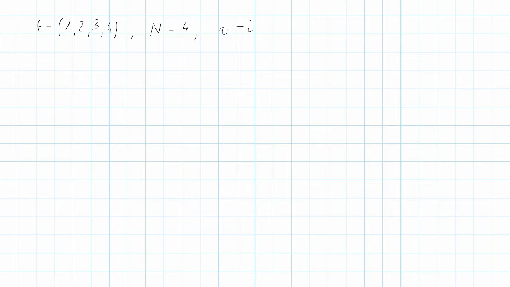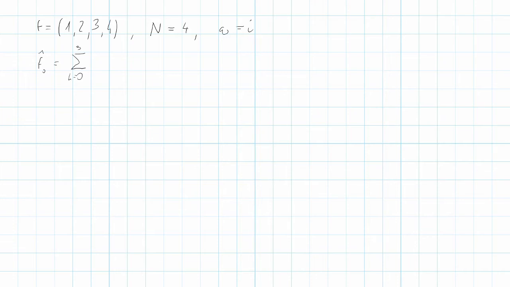So let me compute now the discrete Fourier transform of this. It will be a sequence consisting again of 4 elements, such that f0 hat is a sum from k equals 0 up to n minus 1. So n is 4, n minus 1 is 3.